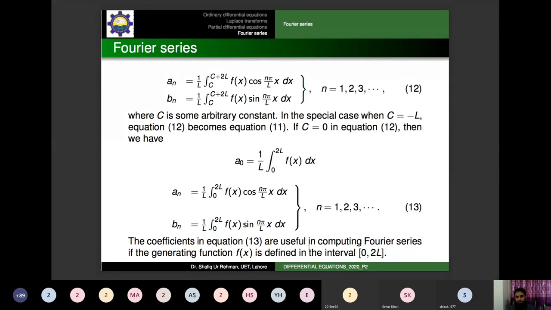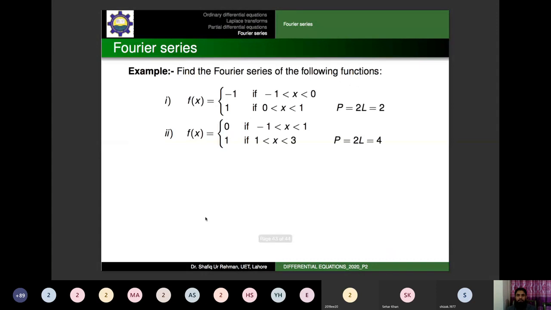So these coefficients in equation number 13 are going to be useful in computing the Fourier series if the function is defined over the interval from 0 to 2L. L is going to be an arbitrary number. So we do not restrict ourselves to the interval from minus pi to pi or 0 to 2 pi; we could have numbers over there other than pi.